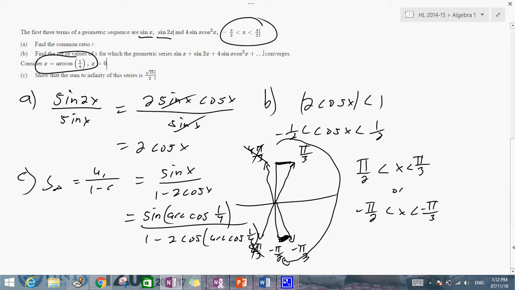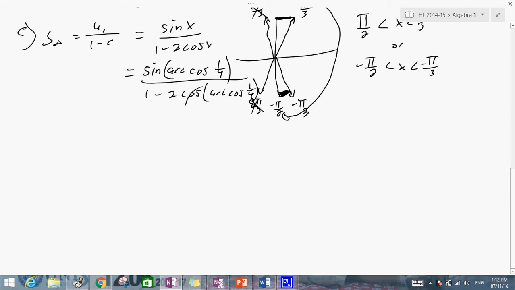Now just looking at the bottom part, the cosine and arc cosine cancel out. So 1 minus 2 times 1/4, which is 1/2. So let's just write the top, sine of arc cosine of 1/4.